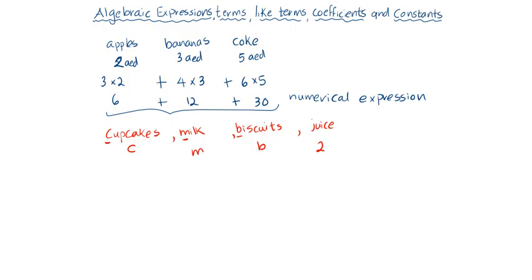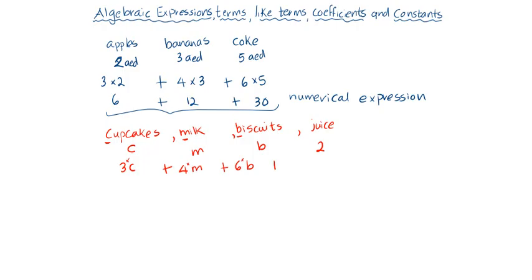If I'm going to buy 3 cupcakes, I will write this expression as 3C, because it means 3 times the price of one cupcake. Plus I'm also buying 4 bottles of milk, so I will say 4M, which means 4 times the price of one milk bottle. Plus 6 biscuits, so 6B, which means 6 times the price of one biscuit.